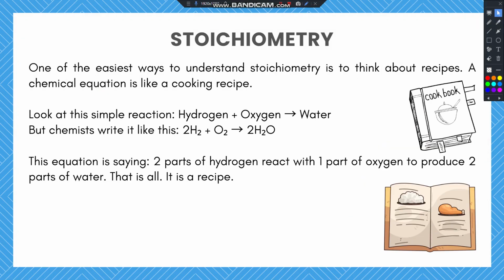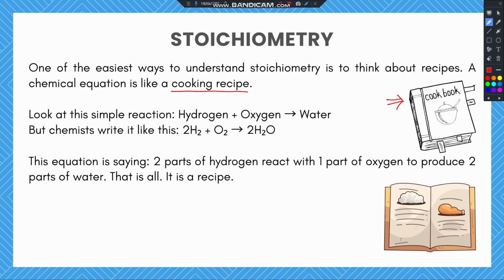Let's move on. One of the easiest ways to understand stoichiometry is to think about cooking recipes. I have an image of a cookbook on the screen right now, and I want you to pay close attention because I'm about to explain a concept. A chemical equation is very much like a cooking recipe.